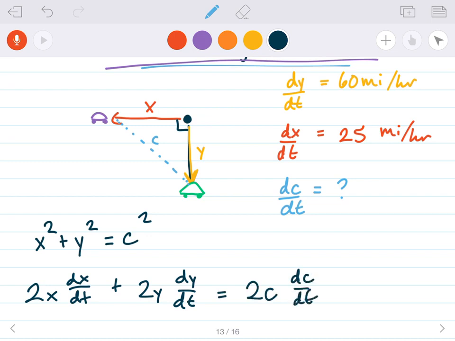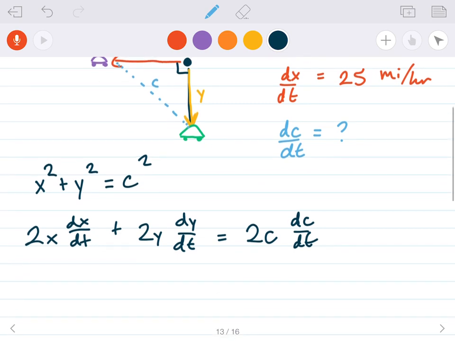Now, why isn't c constant here? Well, because the distance is changing. As x and y change, so does c. So we're not treating c as a constant, because it's not constant in this case.